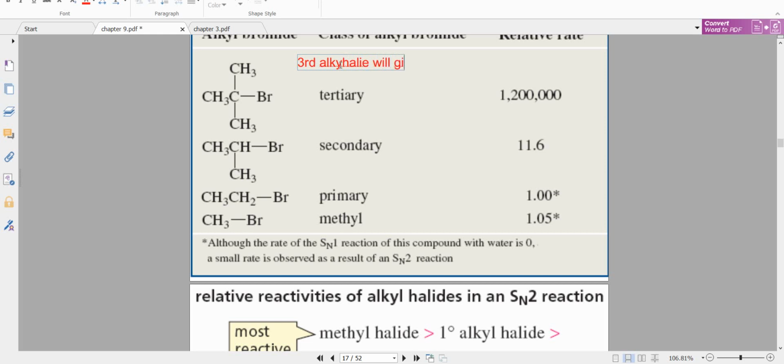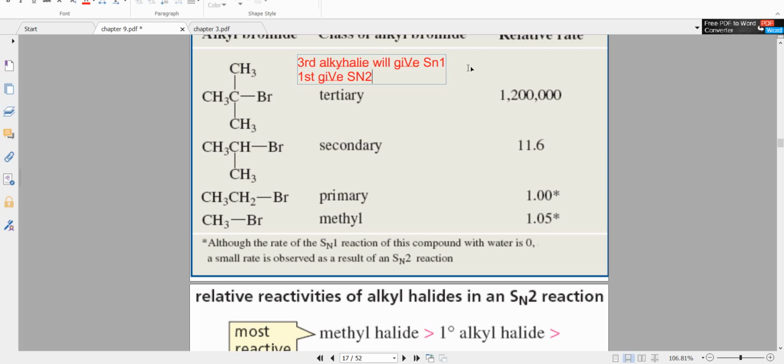Second note, primary alkyl halides will give SN2. I say again, primary alkyl halides will give SN2. So tertiary SN1 means 2 products. Primary alkyl halides SN2 means 1 product with opposite configuration.